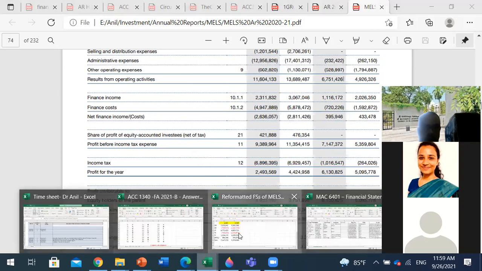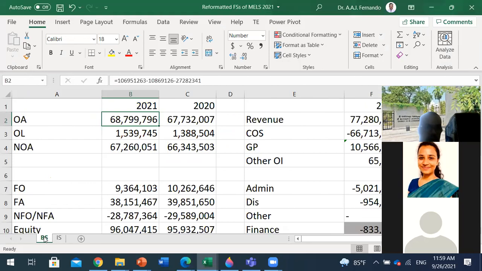Now we will move on to the balance sheet. Just check whether you have generated the numbers and just confirm whether you got operating assets. Roughly, as of now, lots of things are to be discussed later, but based on the explanation I gave you, these items are operating.